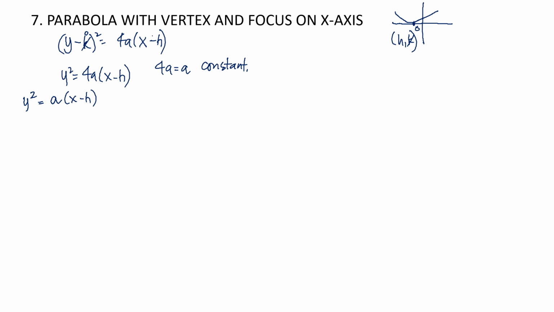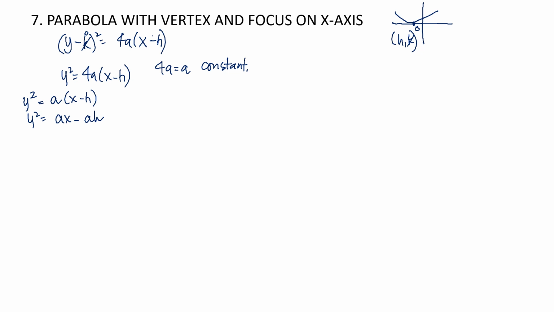Okay. So, this is y squared equals ax minus ah. Now we do our first derivative. Sorry, we have not derived yet. So, the next thing to do is to derive our equation.